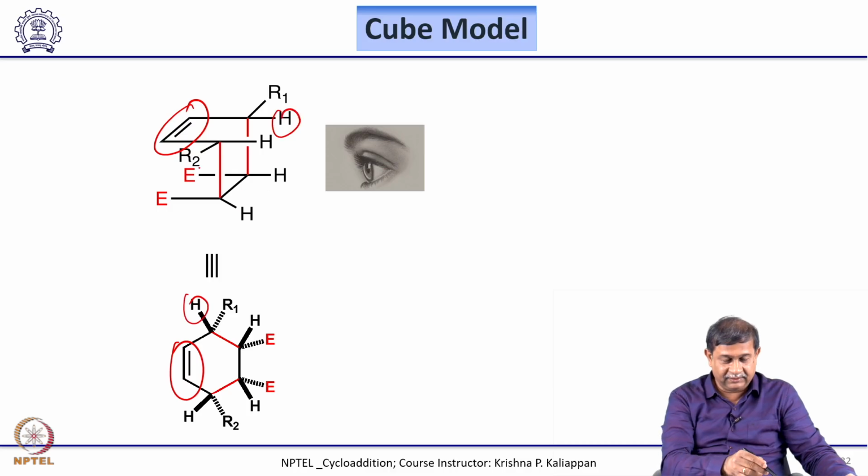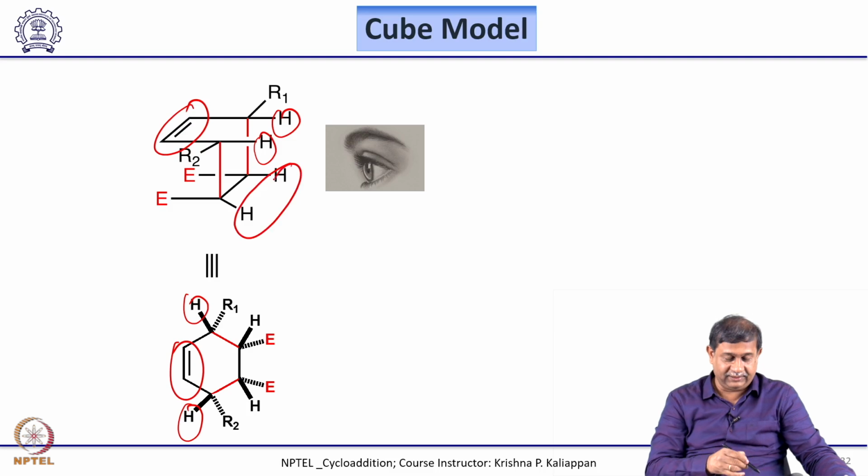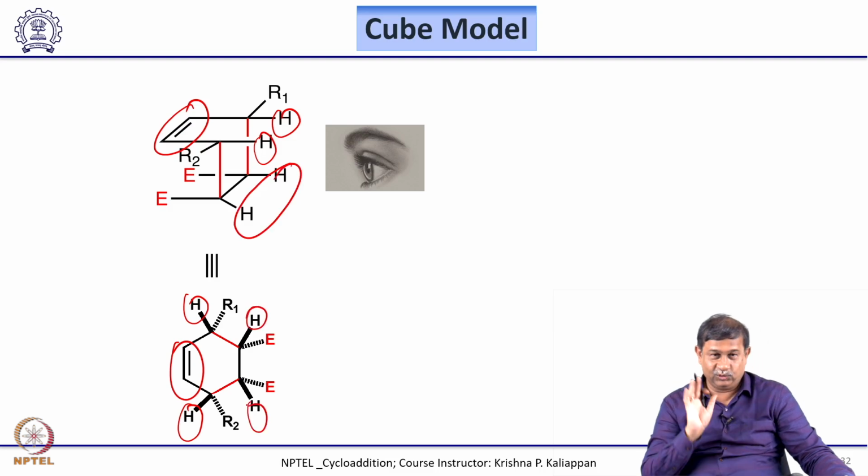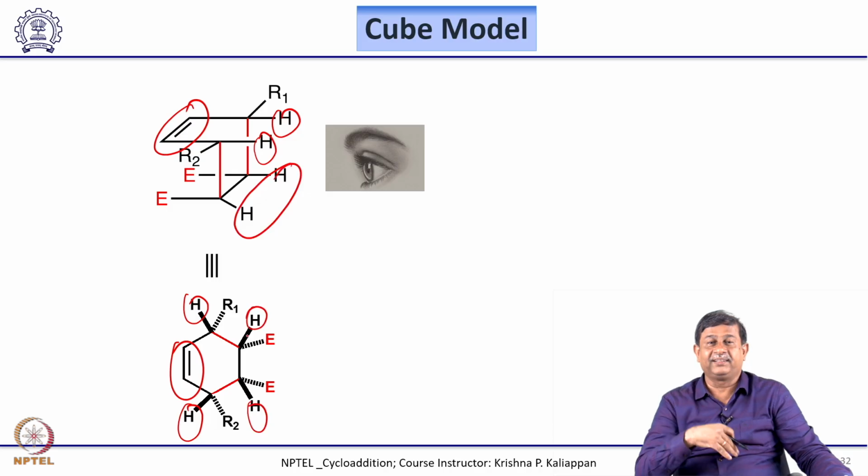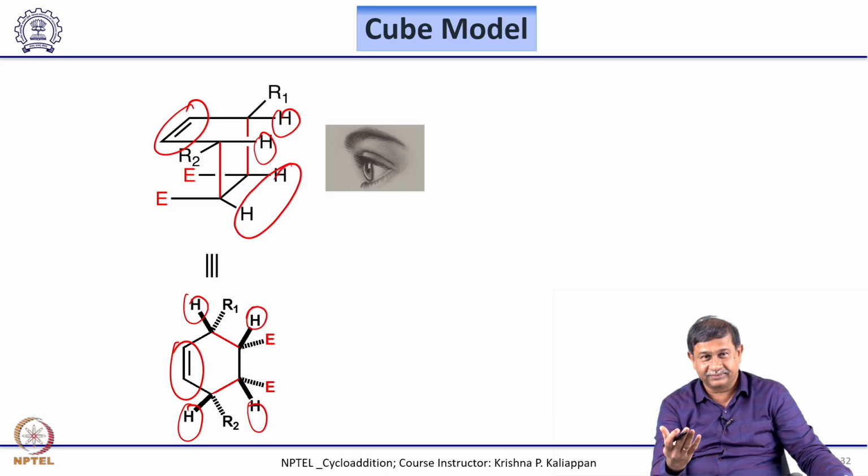Then this hydrogen, this also is towards you, so it is beta. And in the dienophile, after the Diels-Alder reaction, these two hydrogens are also towards you. So now all the 4 hydrogens are towards you, okay.